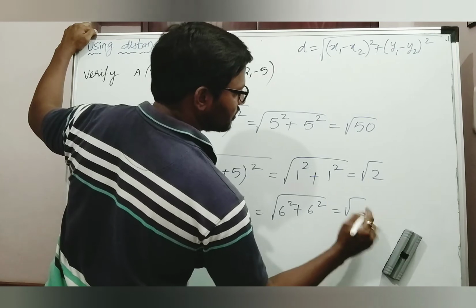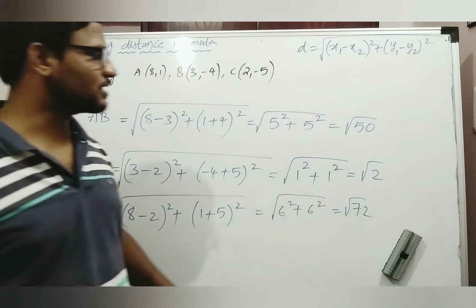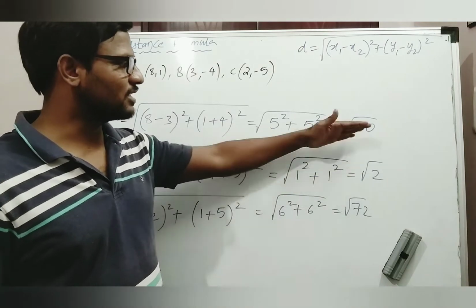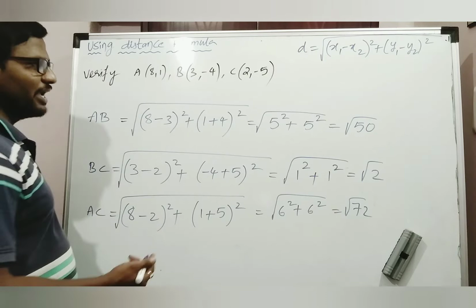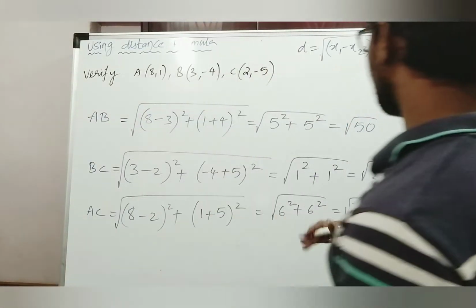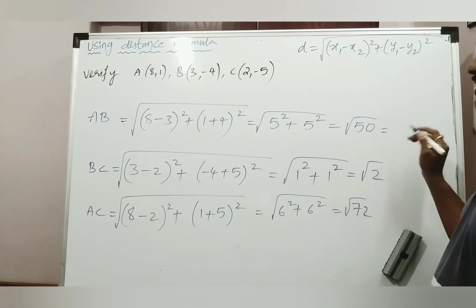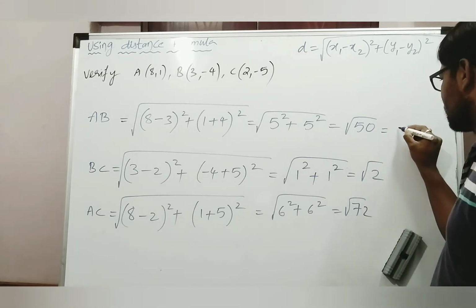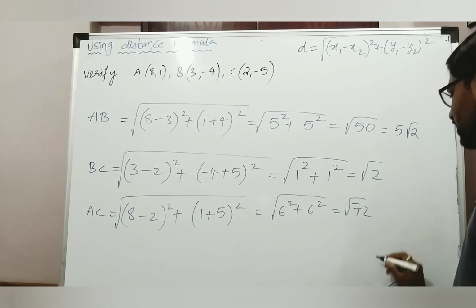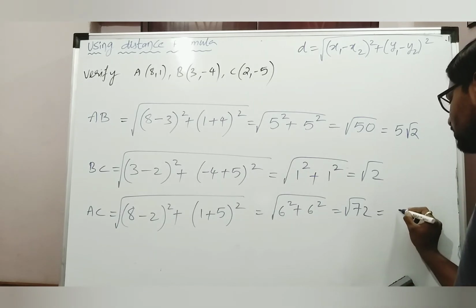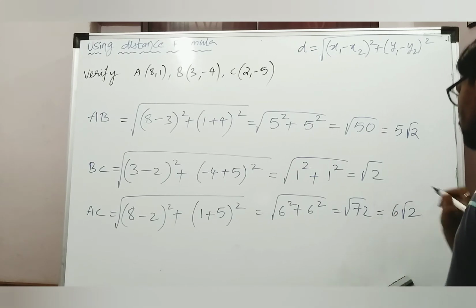So here we have to check whether the sum of two lengths equals the length of the third side or not. See, root 50 is an irrational number. These two irrational numbers we cannot add directly, but if we write root 50 and root 72 as mixed surds, similar surds, we can add. Root 50 we can write as root of 2 into 25, and root 25 is 5, so this is 5 root 2. Root 72 is root of 2 into 36, so 6 root 2.